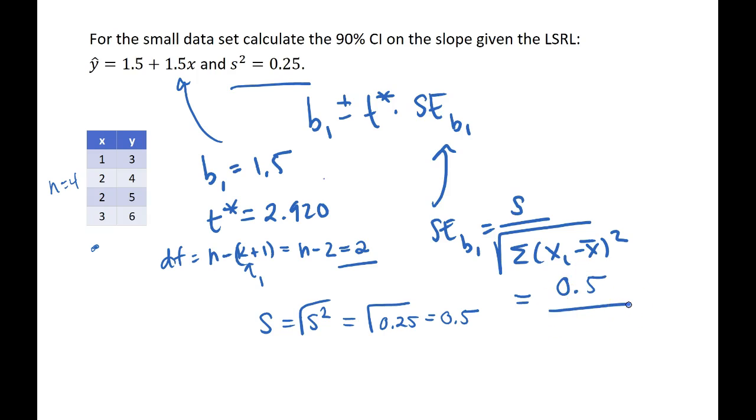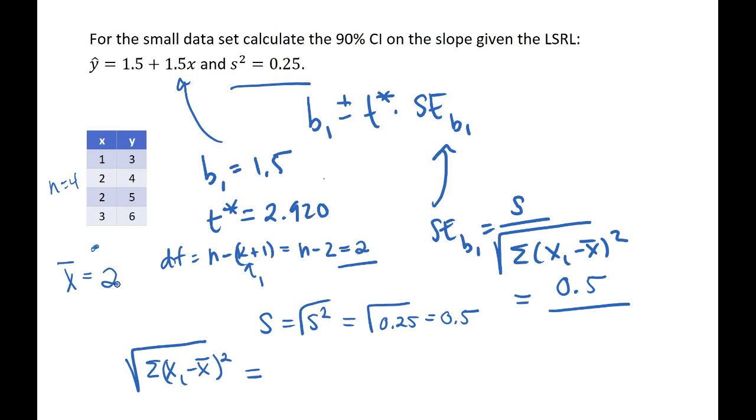Now to calculate the denominator, we need the square root of the sum of xi minus the mean, squared, of all the observations of x. We can calculate x bar by adding these up and dividing by the total, which is equal to 2.